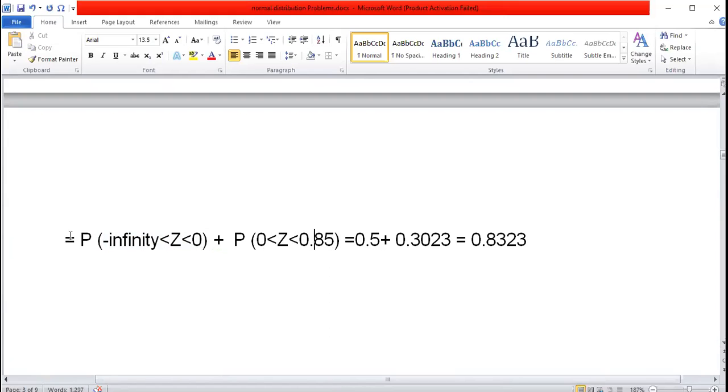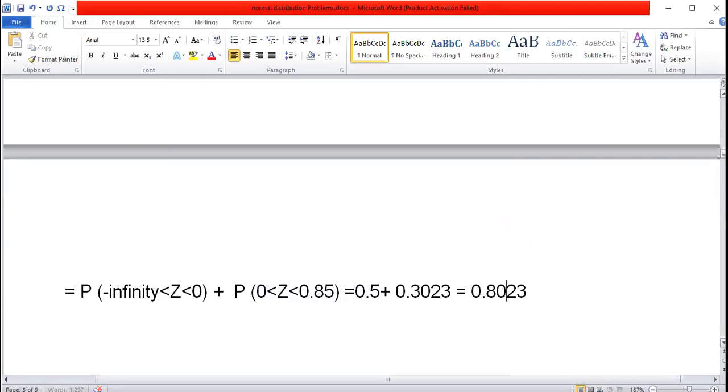So this area, the whole left side of the mean, is 0.5, plus this shaded area on the right-hand side, 0.3023. So you got 0.8023. Is it okay?